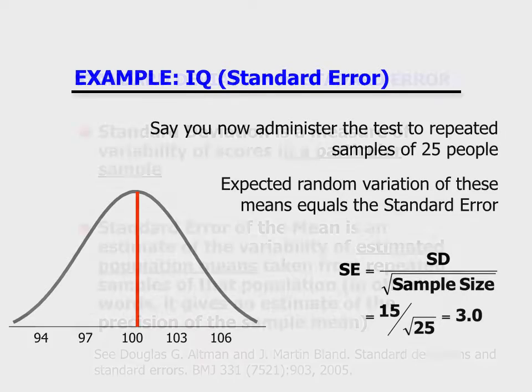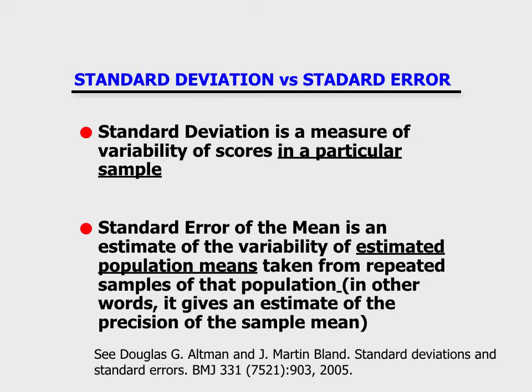Now, let's look at the difference in the definitions. Standard deviation is a measure of variability of scores in a particular sample, meaning the sample that you collected, the data that you got. Your standard deviation is a measure of the variability of those scores. However, the standard error of the mean is an estimate of the variability of estimated population means taken from repeated samples of that population.